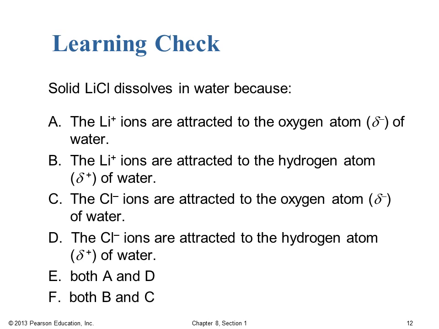Because it's a metal, it's going to want to become a positive charge. It's going to want to lose one of its electrons. And we said before, oxygen is going to have a partial negative charge because of the polarity of the molecule. And so those opposite charges are going to attract. The positive on the lithium is going to be attracted to the partial negative of the oxygen atoms in the water. So A would be true.